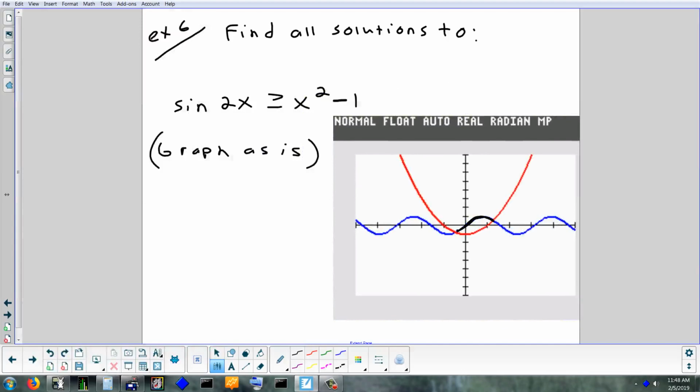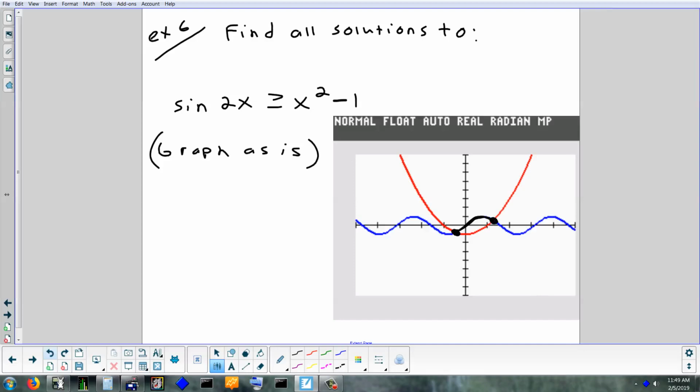Now, can I include where they cross? Or should I not include it? I should include it. It says less than, it's greater than or equal. So it would be from here to here. Now, is that interval going to repeat again off the screen?